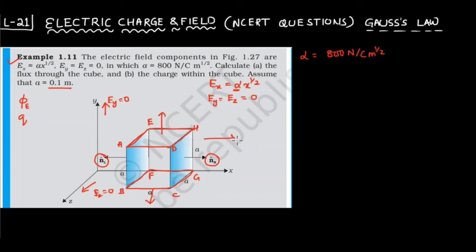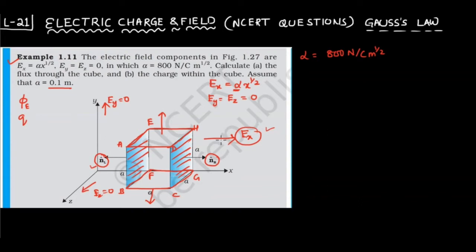So Ex is along this direction, and this x component of electric field will link some electric flux with the left surface and the right surface, because the angle between Ex and N R cap is 0 degree, and the angle between Ex and N L cap is 180 degree.